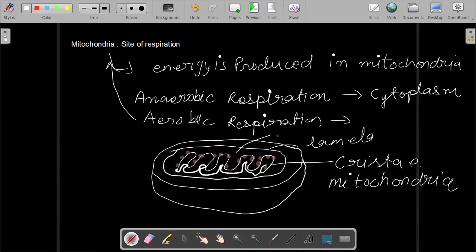A fluid is filled through it, which we call the matrix. So a mitochondria has a fluid-filled matrix. Got it? So what are those dots known as again? The brown ones on the cristae. F1 particles. They are called F1 particles.